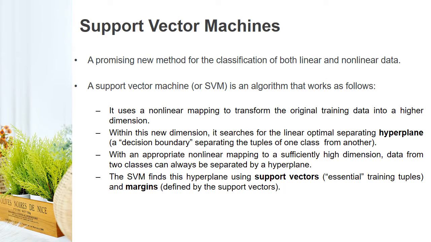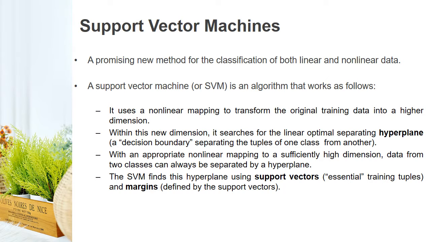We will see what is the meaning of hyperplane, which is a decision boundary separating the tuples of one class from another. With an appropriate nonlinear mapping to a sufficiently high dimension, data from two classes can always be separated by a hyperplane. The SVM finds this hyperplane using support vectors.